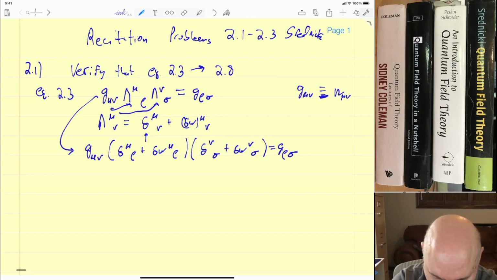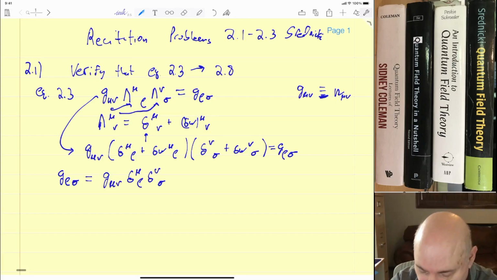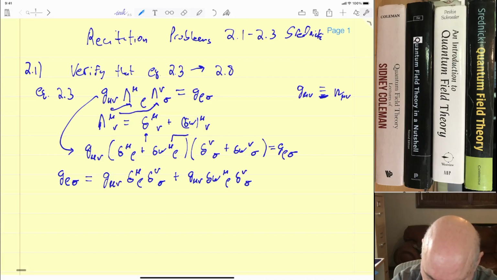I'll move this to the other side, so we get g rho sigma is equal to g mu nu delta mu rho delta nu sigma. I'm going painfully slowly here because I'm assuming that the people who are really watching this video are first timers. Plus g mu nu, now we have this term, delta omega mu rho delta nu sigma. So I'm doing the cross term here.